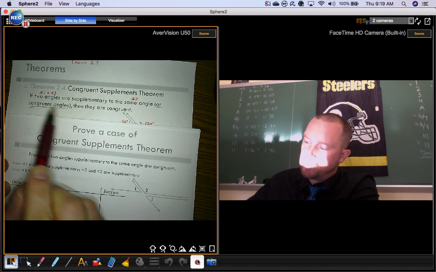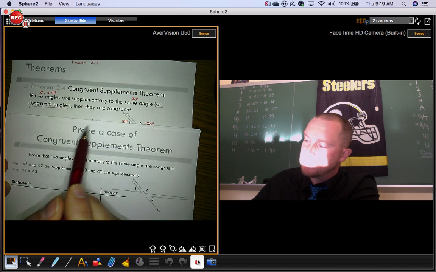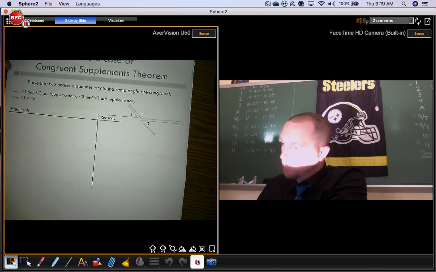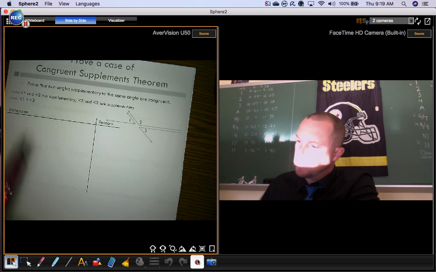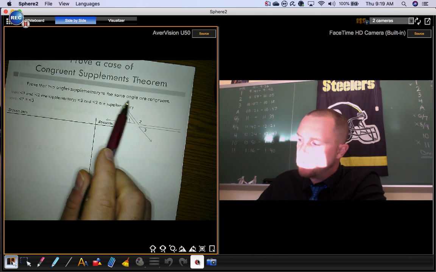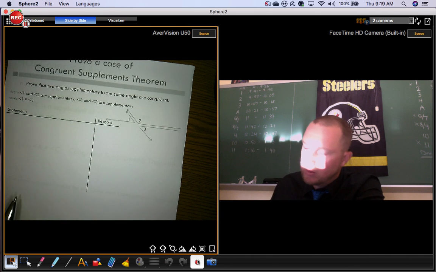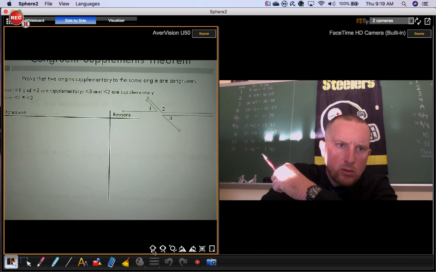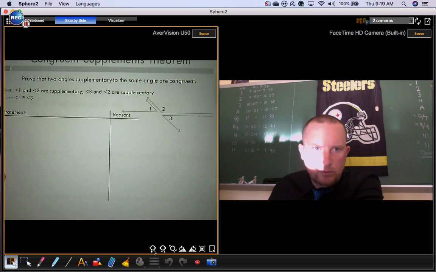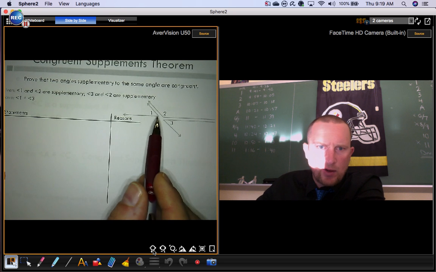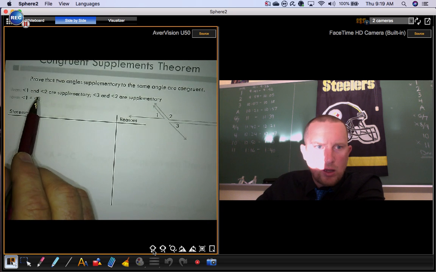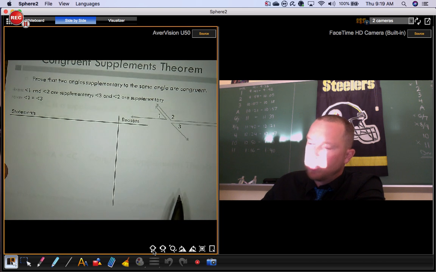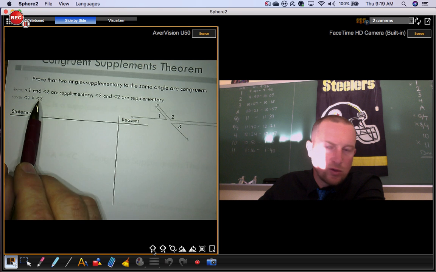So the case we're proving is that if two angles are supplementary to the same angle, then they're congruent to each other. So here's our diagram again. Here's what you're given. Angle 1 and angle 2 are supplementary. Angle 3 and angle 2 are supplementary. Prove that angle 1 is congruent to angle 3.